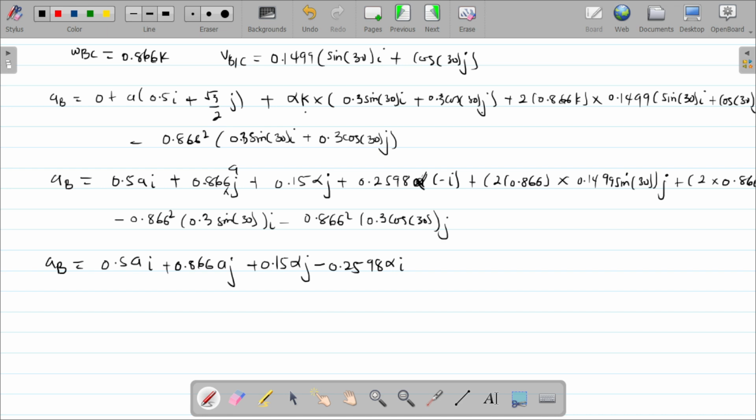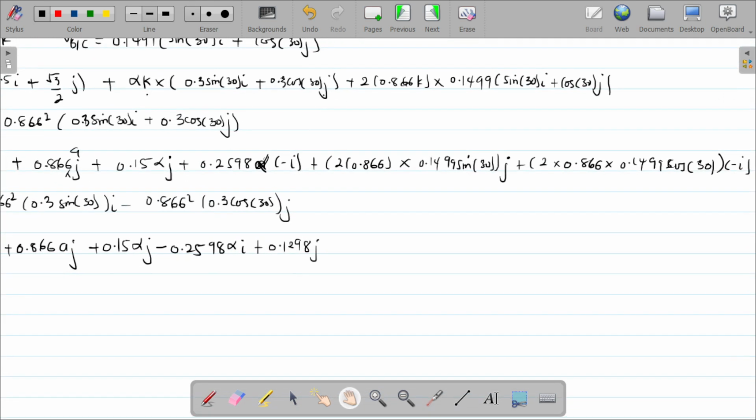So I'm going to have plus 0.1298j, and then this one is negative, so the same thing but just cos here. Cos 30. 0.2248. So minus 0.2248i, and then the last class here.